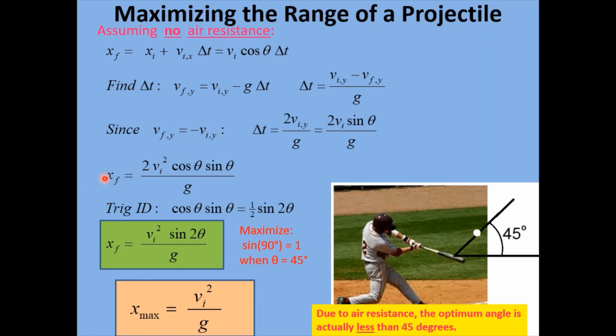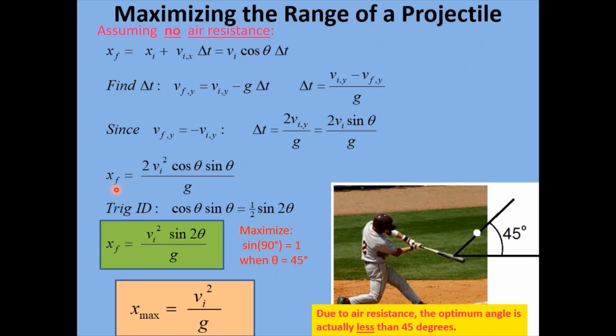The final x position of our projectile is equal to 2 times the initial velocity squared times cosine theta times sine theta all over g. Our goal is to make this final x position, the range of the projectile, as large as possible.